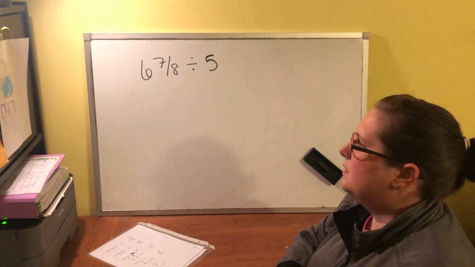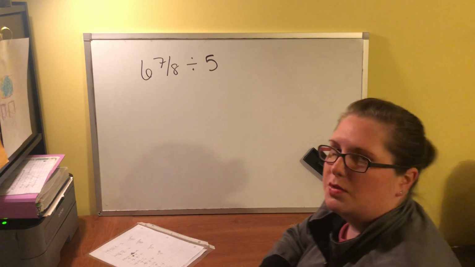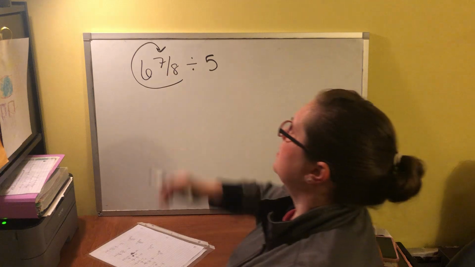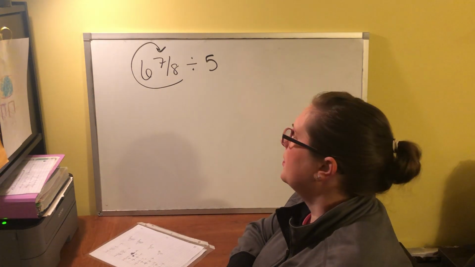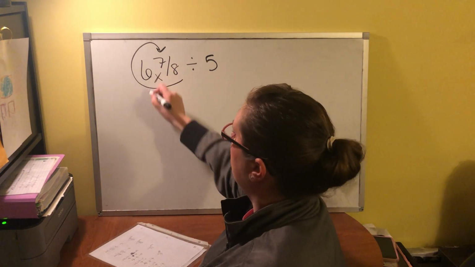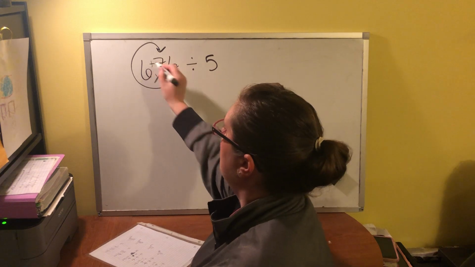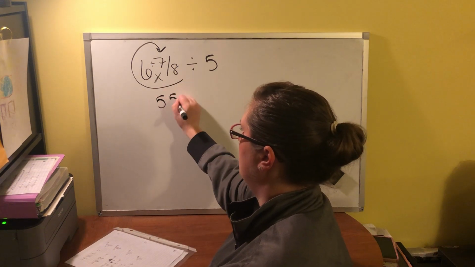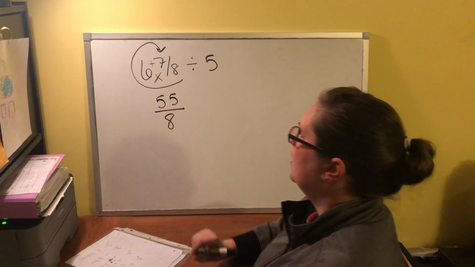So once again, with division, you have to divide a fraction by a fraction. That's a mixed number. So we're going to use our second circle method to turn it into an improper fraction. Multiply first, 8 times 6. Then you're going to add 7 to get 55 over 8.